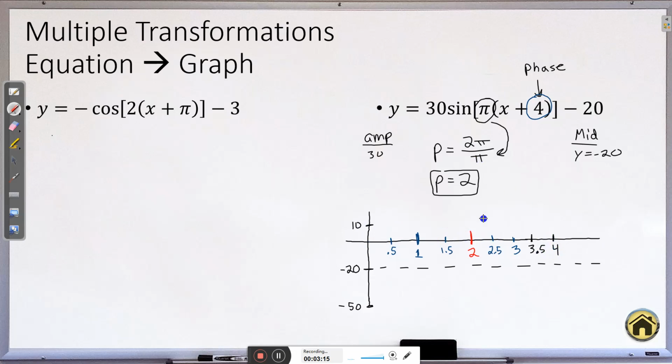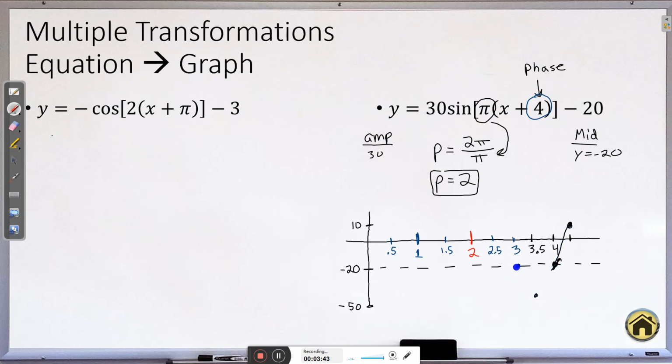Alright, so now I'm ready to draw this graph. It is a sine graph. Sine starts on the midline. It's a positive sine graph, so that means it's going to be going this way up. And so at 4.5, it would have been at the top. And you can see I'm definitely running out of space going this direction. So instead of going to the right, I am now going to go to the left. So if I go backwards, at 3.5, I'm at the bottom.